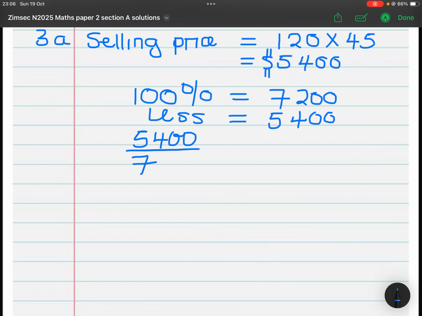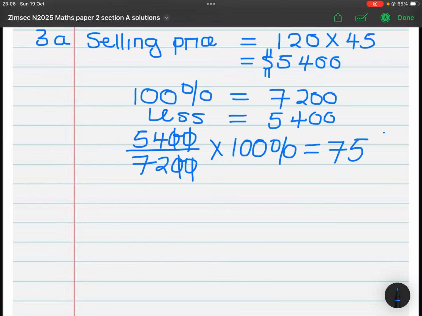So if it is less, we say 5,400 over 7,200 times 100%. So this 0 cancels this 0, this 0, this 0. And then after that, we punch on the calculator 54 over 72 times 100%. I'm getting 75%, right? So we are required to calculate the percentage loss.